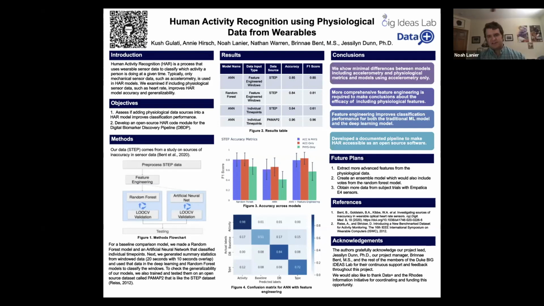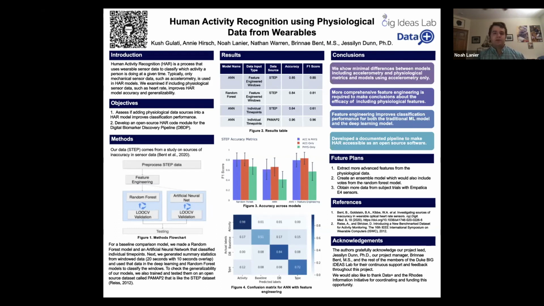Great, thanks so much, Anne. At the completion of this project, if somebody wanted to work upon it, their work is really cut out for them. An immediate next step would be to look into the physiological data and try to extract more advanced features that would better represent this data.